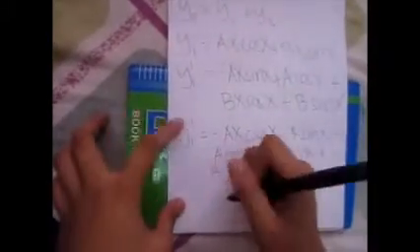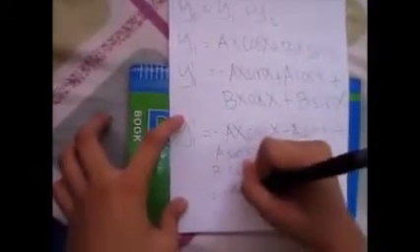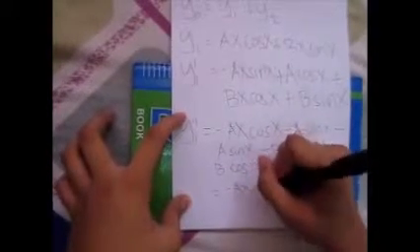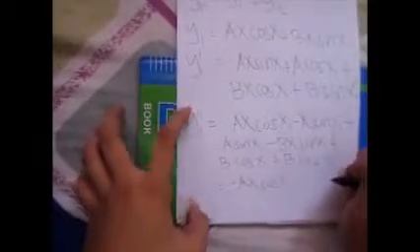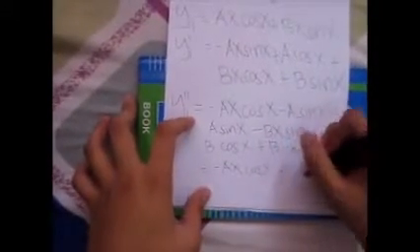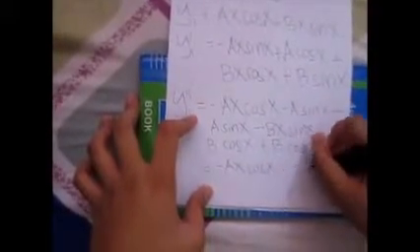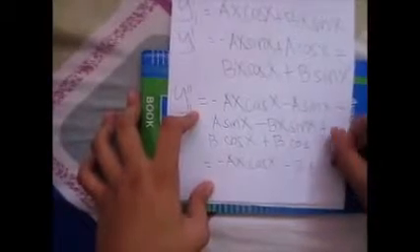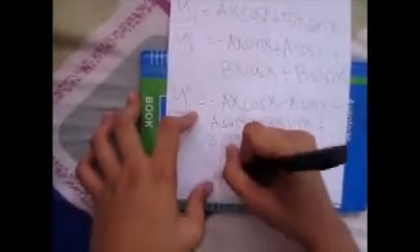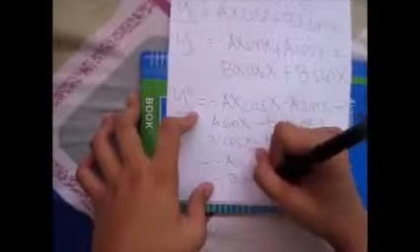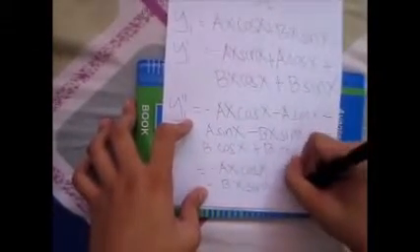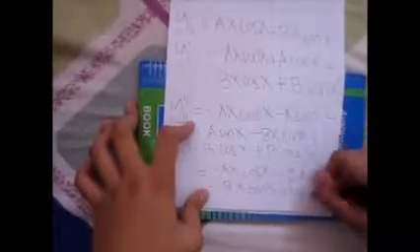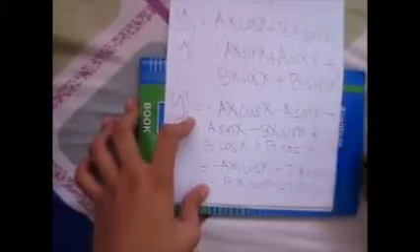Combine like terms, we will get negative ax cosine x minus 2a sine x minus bx sine x plus 2b cosine x.